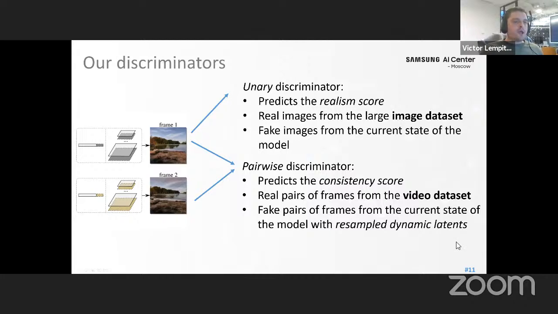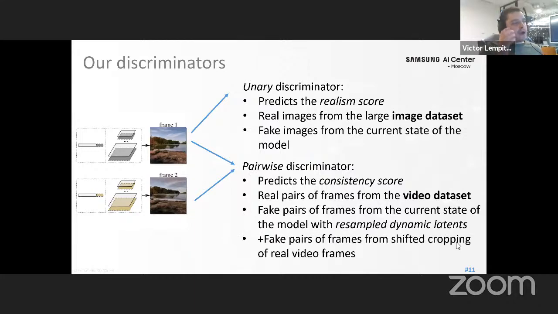And additionally, we augment the fake pairs with additional fake pairs created from real pairs. More specifically, we take individual frames from real videos, and from those frames we take two different crops, and we say that those two crops cannot correspond to two frames of the same video at the same location.